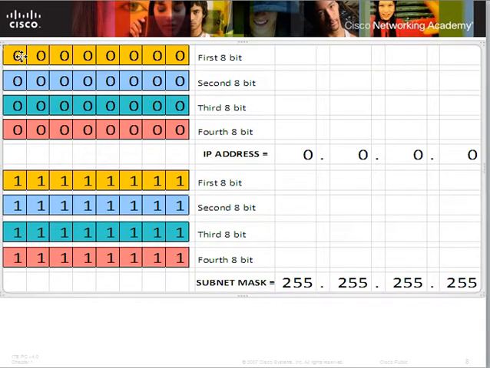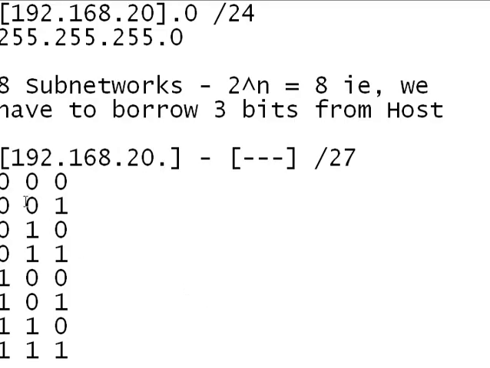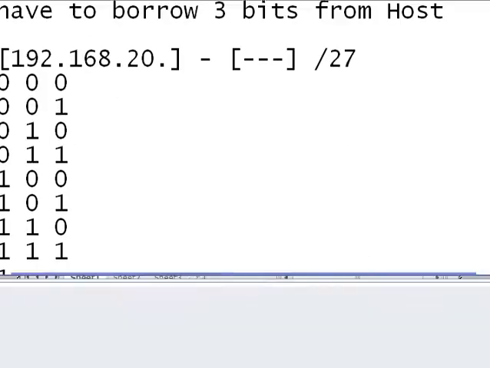I will be calculating, setting the first 3 bits after 192.168.20 once as 000, 001, 010, 011, 100, 101, 110 and 111. So let's start calculating this.